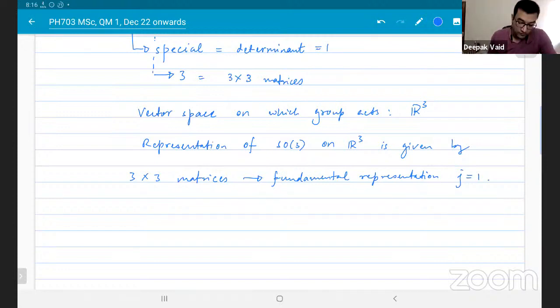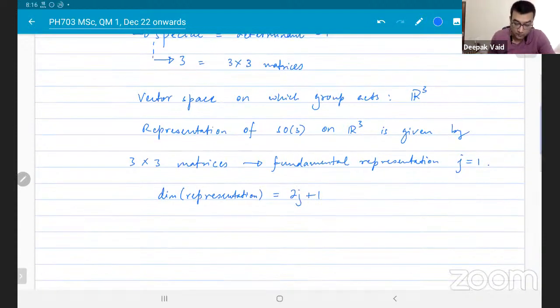Now, you can have J equal to 2, 3, 4. Depending on the value of J, you will get a different dimension. The dimension of your representation matrices is equal to 2J plus 1. So for J equal to 1, what is the dimension? 3.